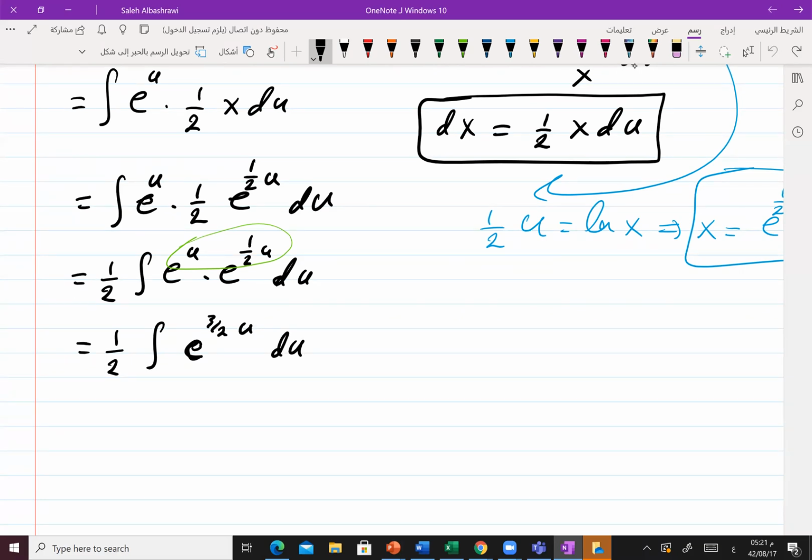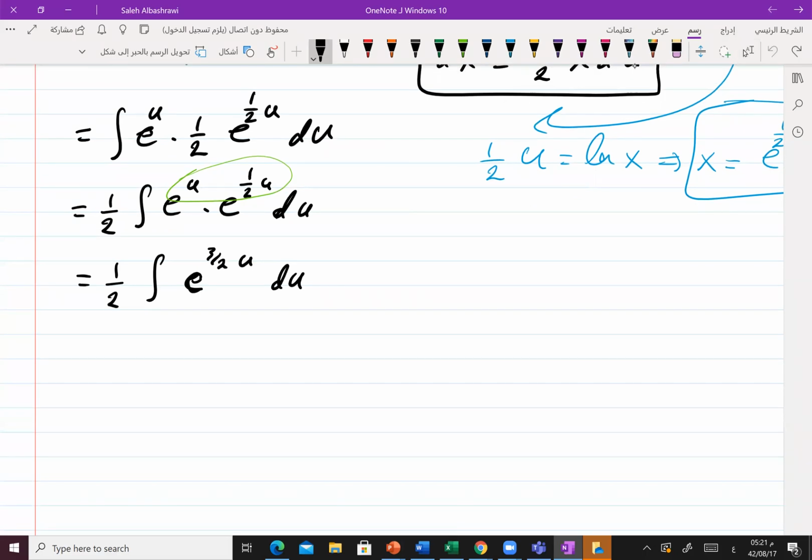Now for the integration, this will give me 1/2 and e to power 3 over 2 u plus constant c. But for the power, I will divide by 3 over 2 or write it as 2 over 3, just upside down, because we are dividing by this exponent.